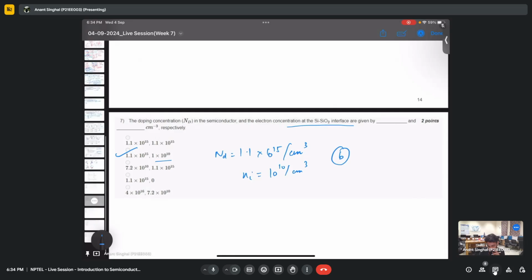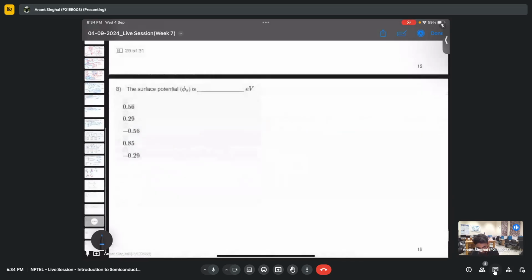Yes, sir. Okay, great. Now it is asking for the surface potential. Surface potential is nothing but the difference in EI. Can someone remember the formula? Does anyone remember? Okay, I'll write it then. Surface potential is nothing but EI at bulk minus EI at interface.